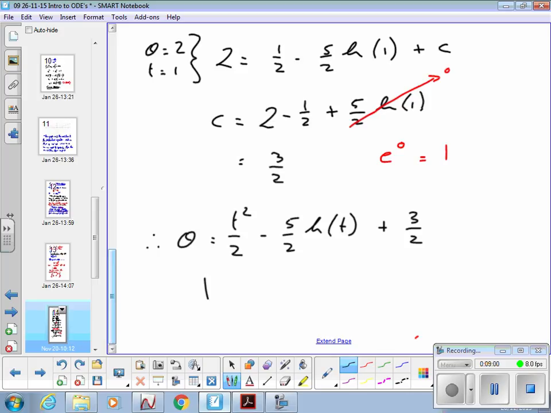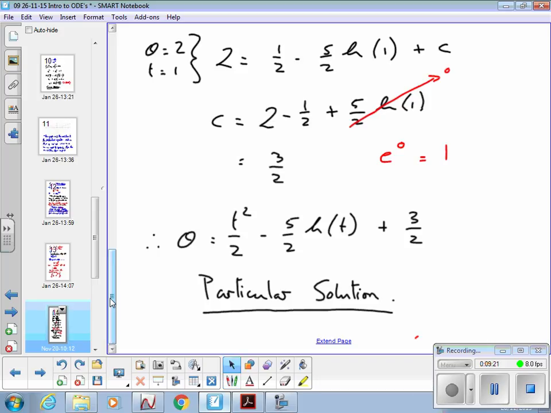And that's our particular solution. In other words, we can now use that to find the value for theta given any value of t, and we can plot this on autograph and see what it looks like.